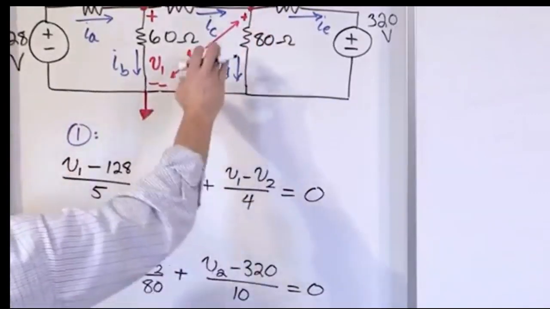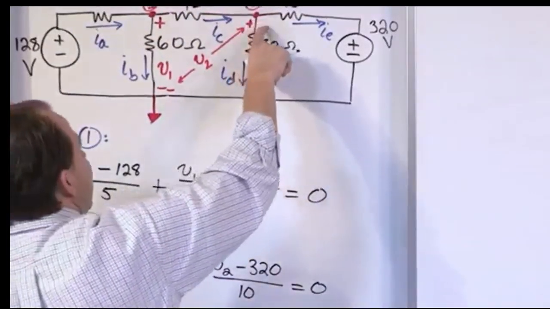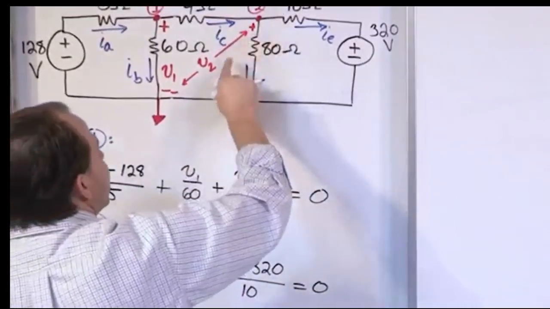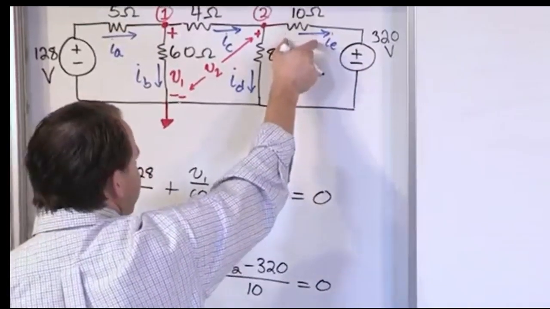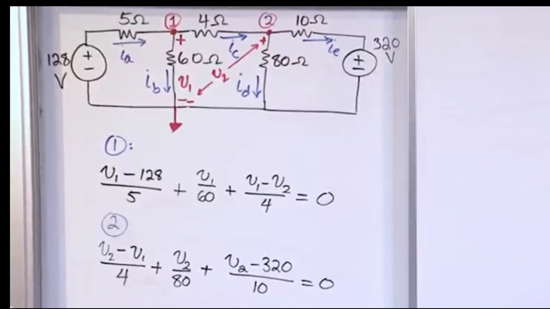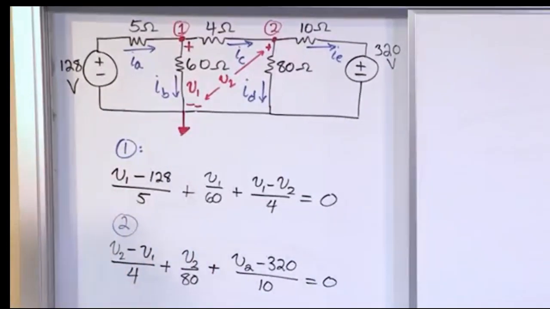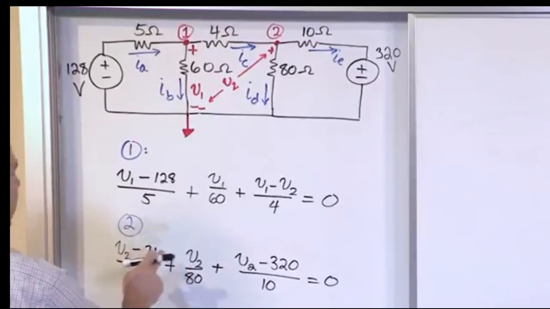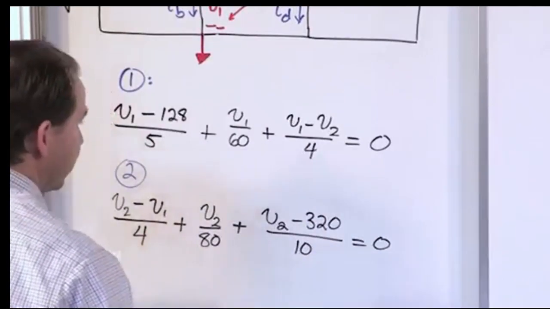Here, or I should say over here, we go V2 minus the other voltage over 4. The 80 is V over R. And then over here, we go up to our node, subtract this other voltage, that gives me the voltage across this resistor, V over R. And that's it. So these are the two equations that we need to solve. And once we solve them, notice we have V1 and V2. That's all we have. We have two equations, two unknowns, and that is really it.